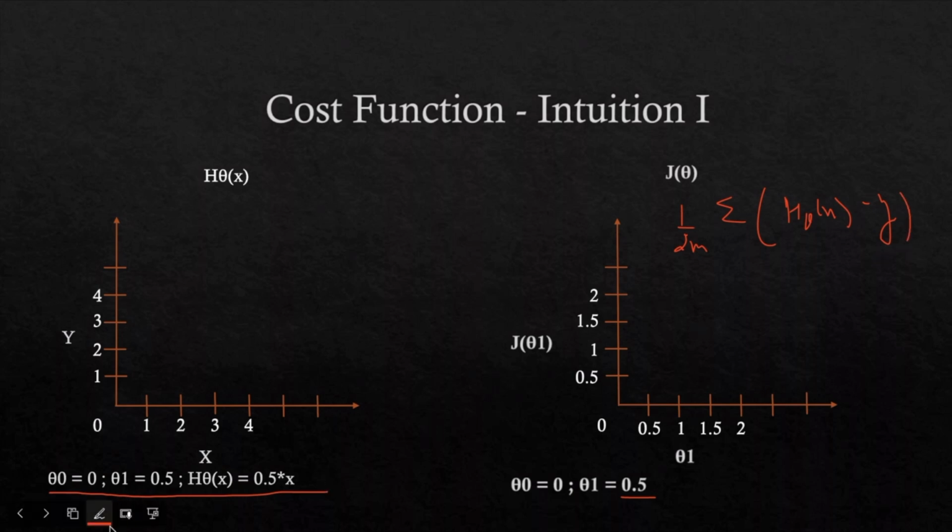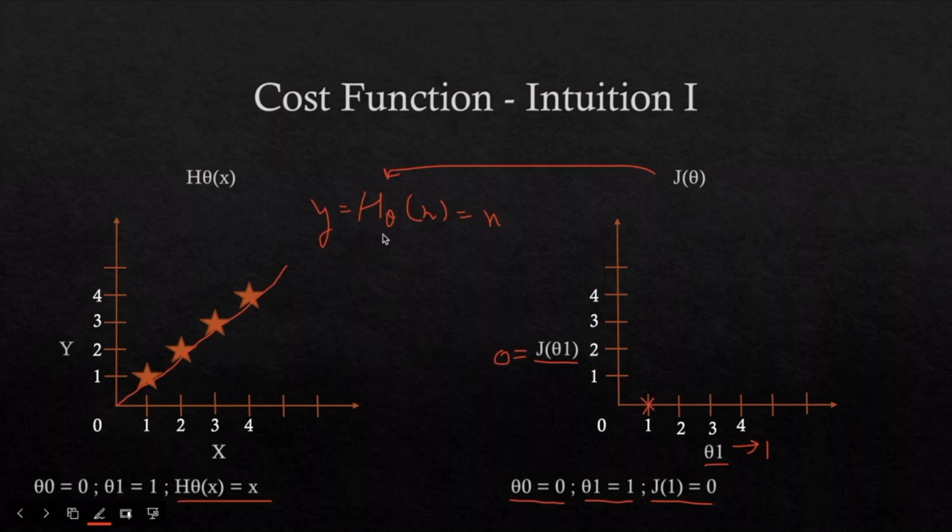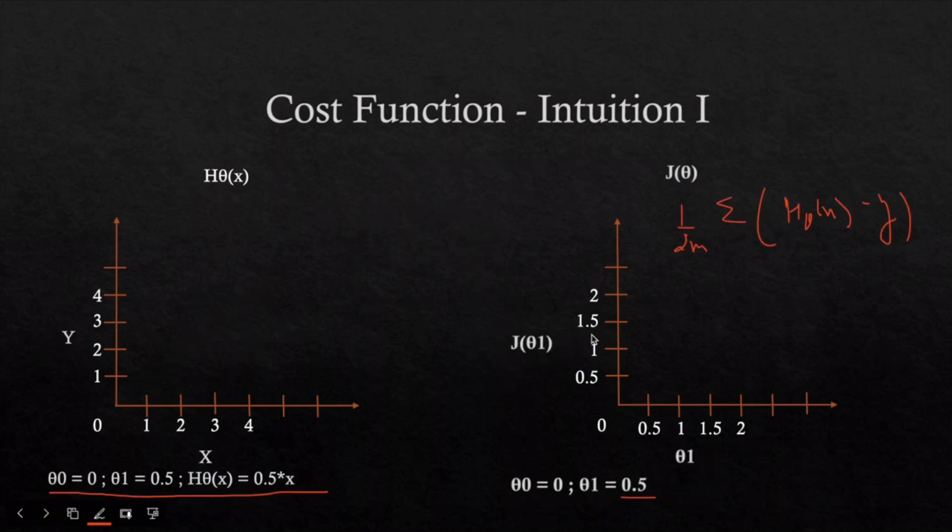Now, in the previous slide I told you that h of theta x equals y only if both are equal. That means that in this case the whole value will not equal 0, and they will not be equal to each other.